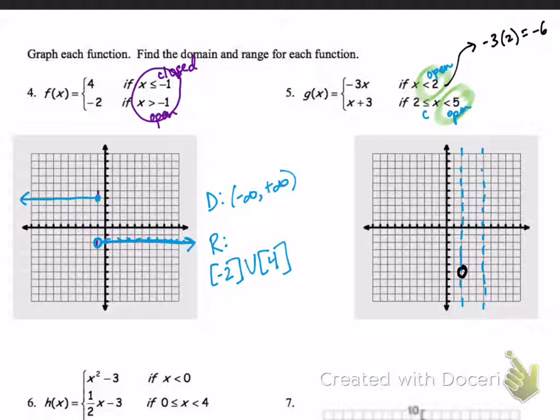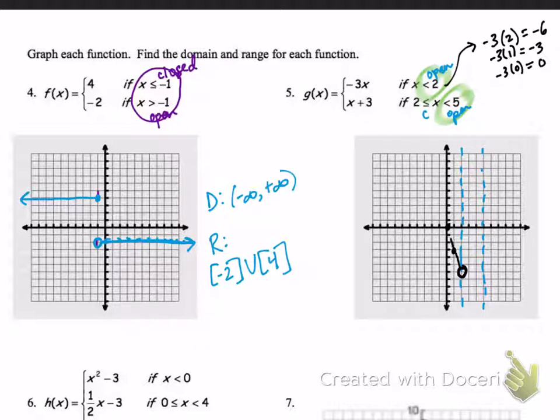So if I plugged in 1, I would get -3. So I can put a dot at 1, -3. If I plugged in 0, I would get 0. So you can just keep plugging in points, or you can graph the line, either way.